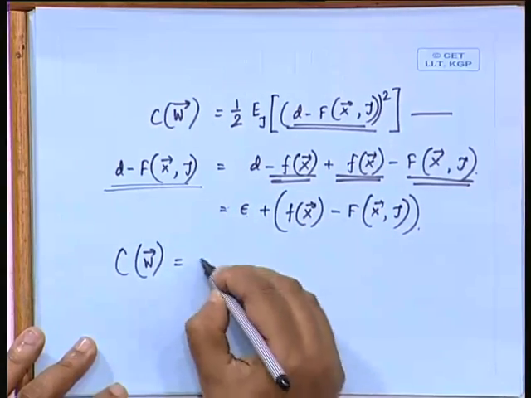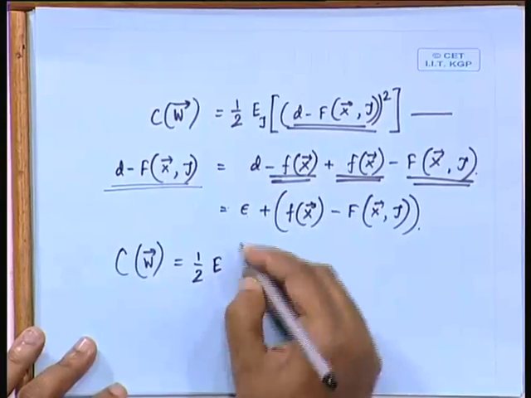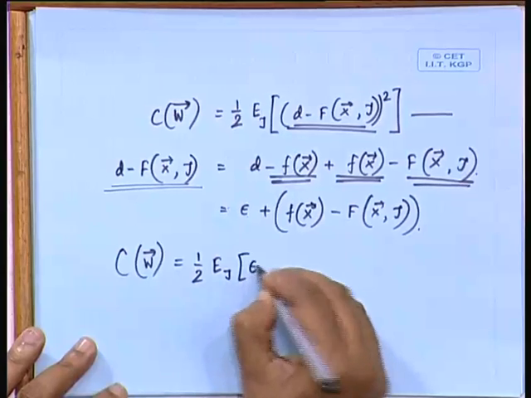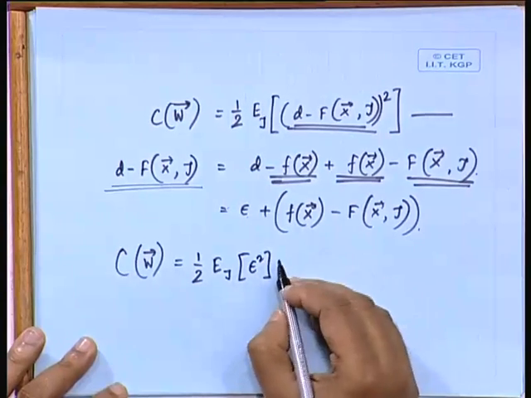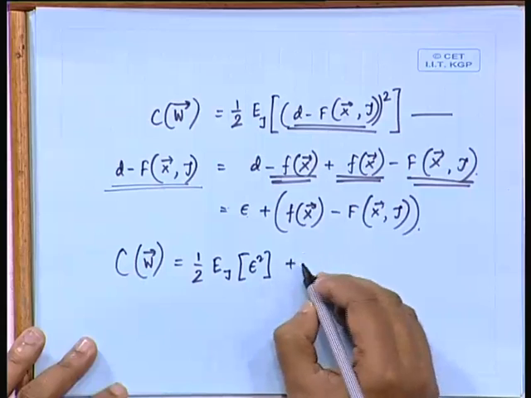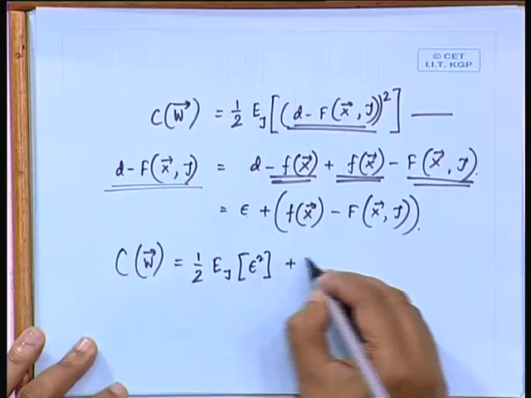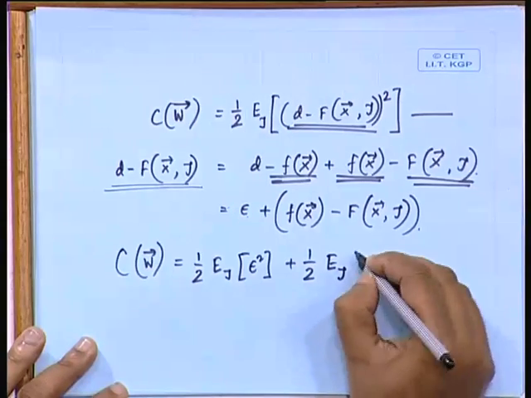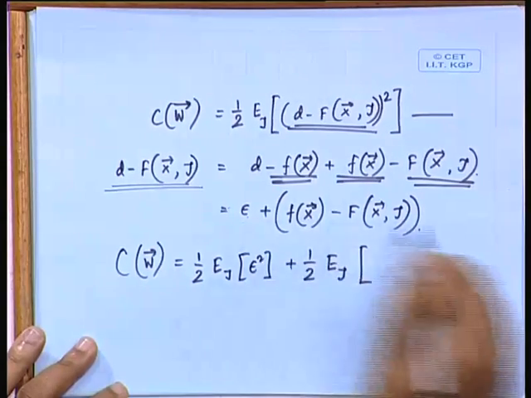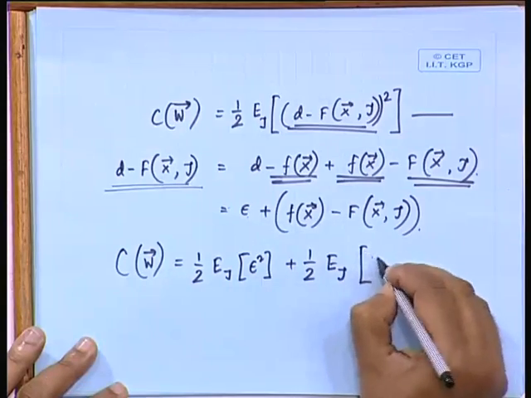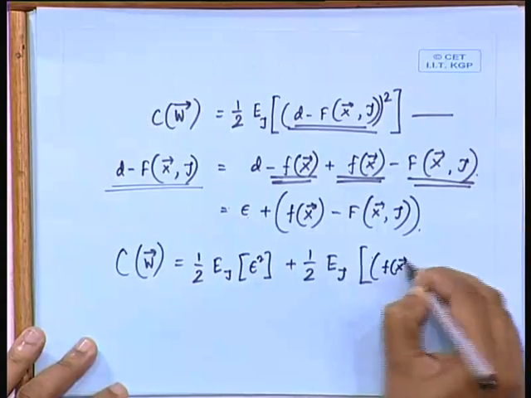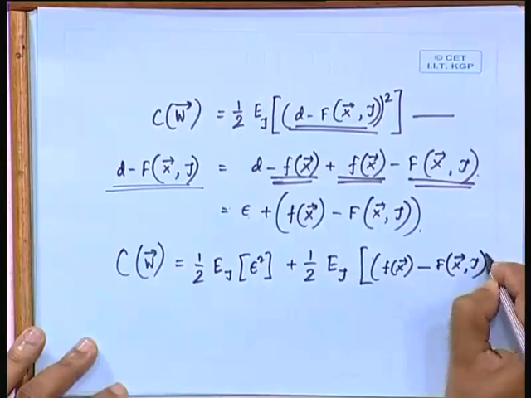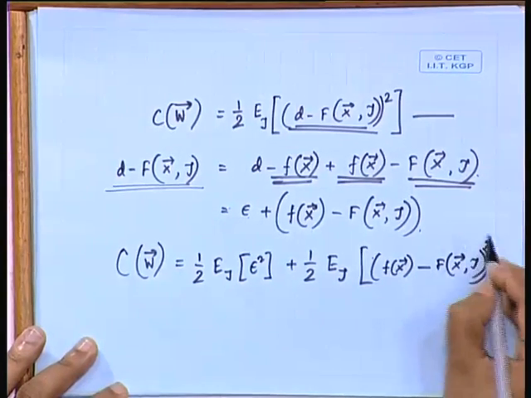So, there will be a term half of E_T of epsilon square, yes, very much, epsilon square term will be there. Plus there will be another term which will be half of E_T of the square of this quantity, that is f(x vector) minus F(x vector, T), this whole square.